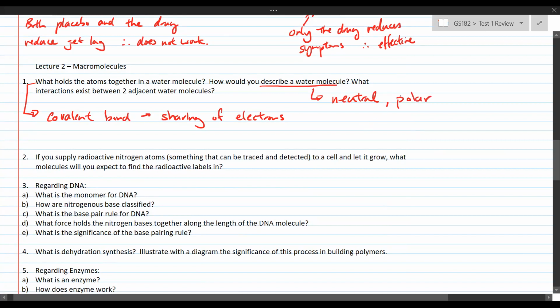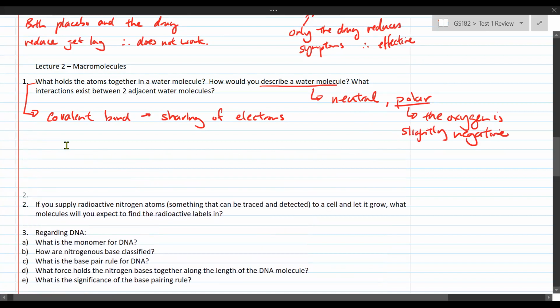Polar means the oxygen is slightly negative, whereas the hydrogens are slightly positive.